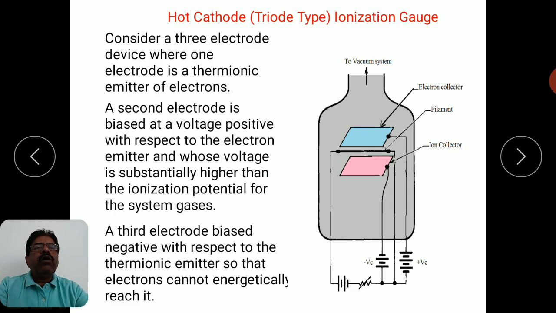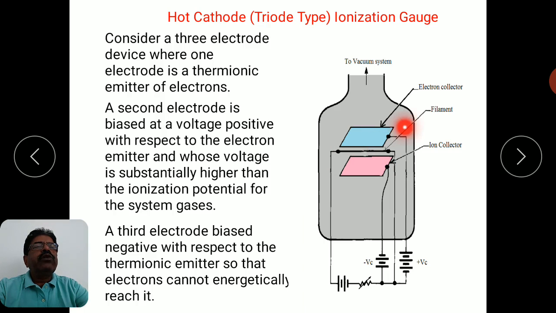Now what happens, how does this particular ionization gauge work? Since this electrode is kept at very high positive potential, initially this first electrode, that means the filament, will emit electrons when it is heated electrically.